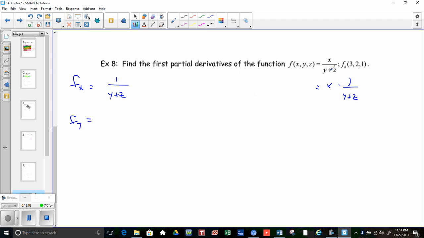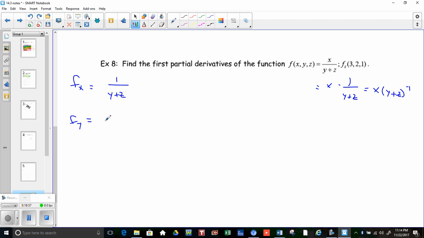Partial of y. Now y is in the denominator, so we can't really do the same thing. But what we could do is rewrite this function. Instead of doing it like that, we could also rewrite this as x times y plus z to the negative 1. And remember, x is a constant in this case, so we're going to bring that negative 1 out and multiply it by the x, and then reduce the power by 1, and then multiply it by the derivative of the inside, but the derivative of y is 1.